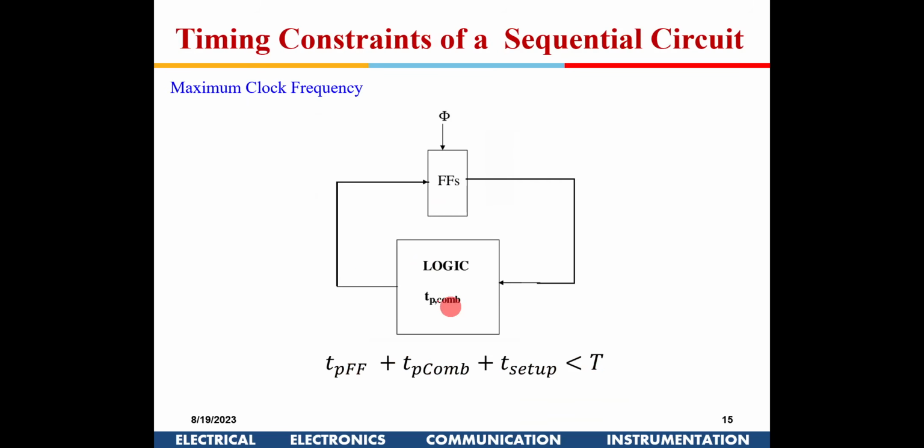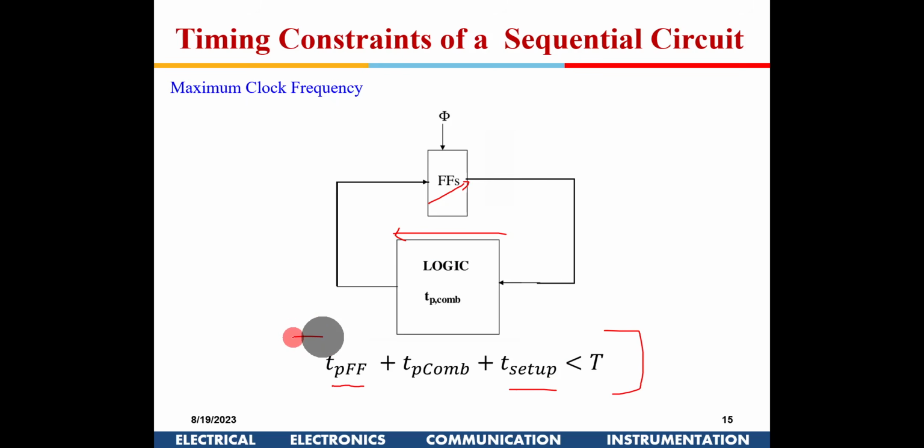Now for this circuit, what is the max clock frequency? There is a flip flop here, there is some combinational logic, and this output is again fed here. So the time period is the T propagation of the flip flop, from the clock to here, plus the logic delay, plus the setup time.